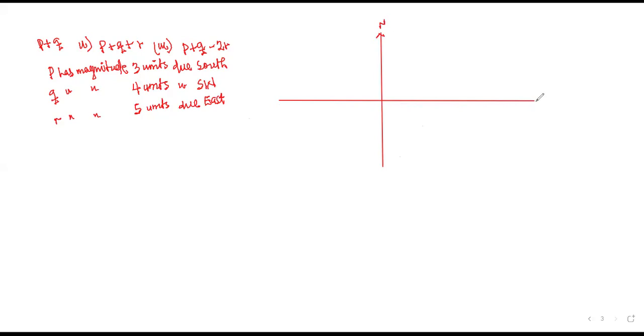This is north. This is east. This is south. And then west. P is 3 units due south, so this is P, 3 units. Then Q is 4 units due southwest.